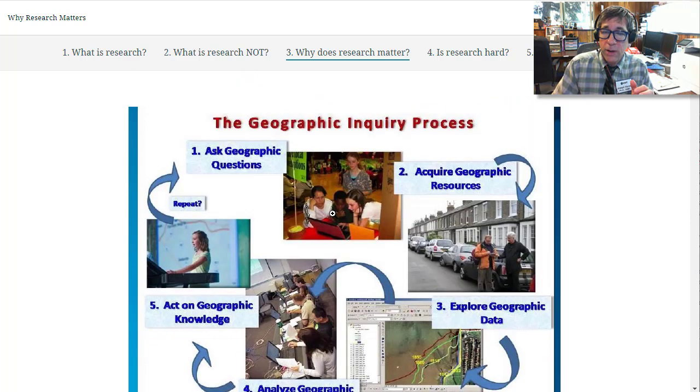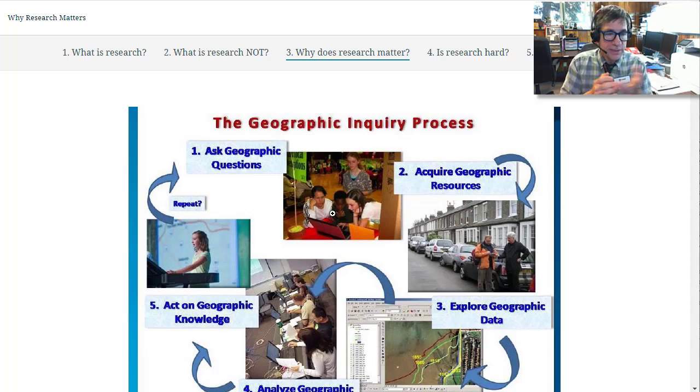Now, this is a graphic, as you see here, on the geographic inquiry process, but I want you to also think about the scientific inquiry process, which is very similar. You're asking a question, or a set of questions, about phenomena, issues, events, themes, variables. You're acquiring resources to help you answer those questions.